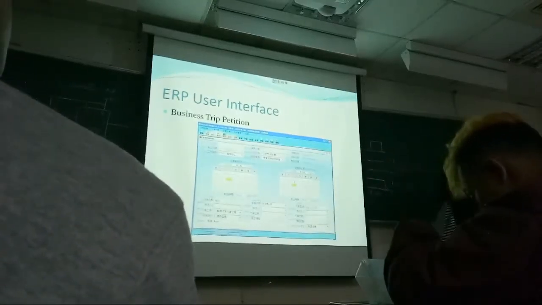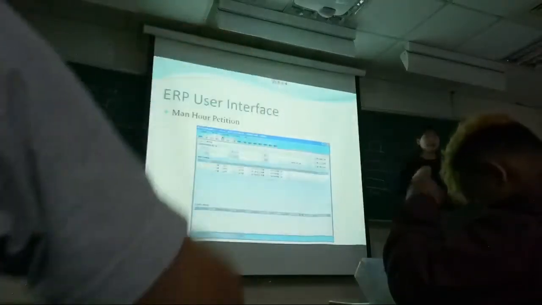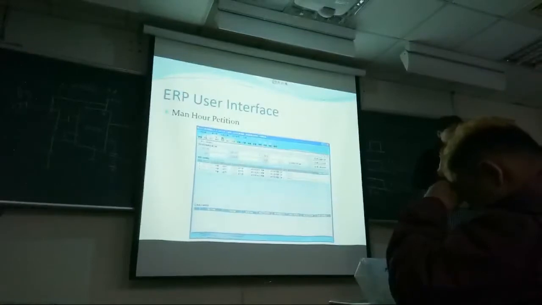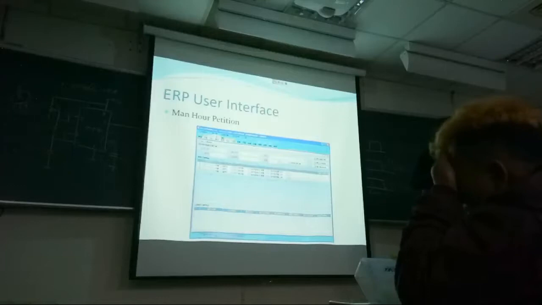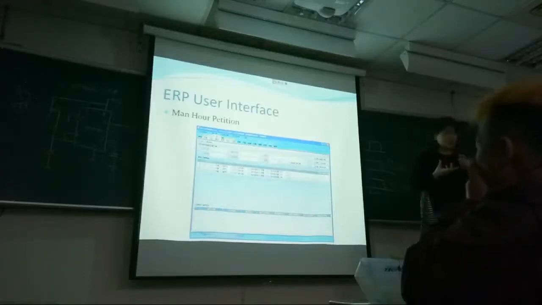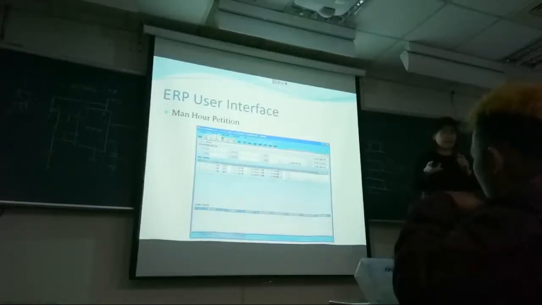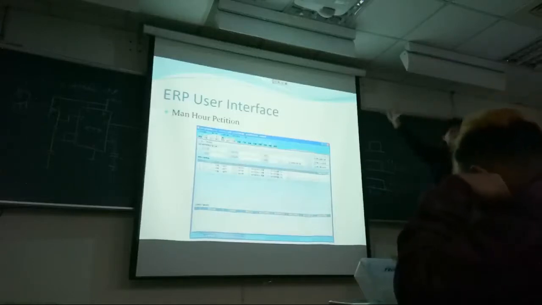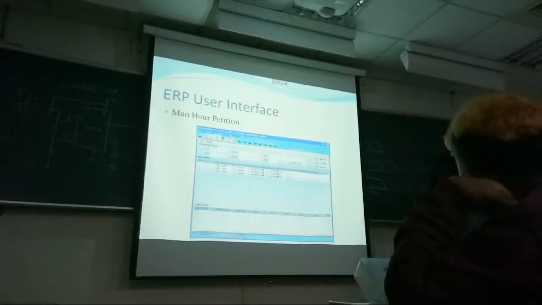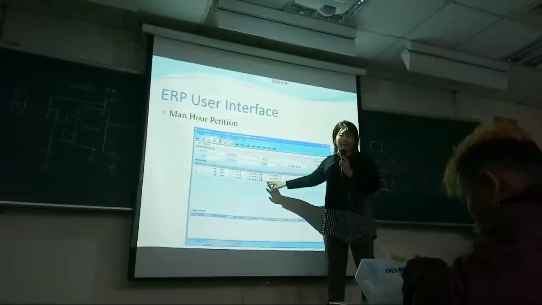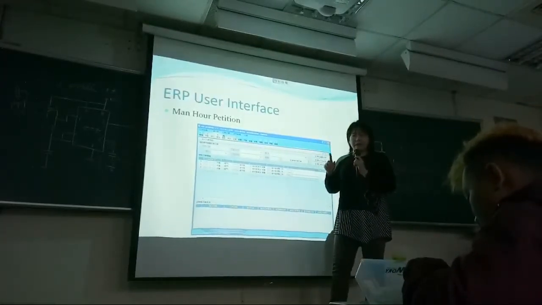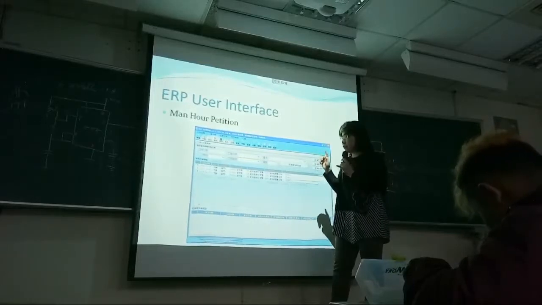Then I'll show you the engineer's screen of my company. My company is an engineering company. We work on big projects in Vietnam, Indonesia, and many countries, Japan, China, to build big machines. The engineers of my company must write their man hours a day, 8 hours a day for their work.